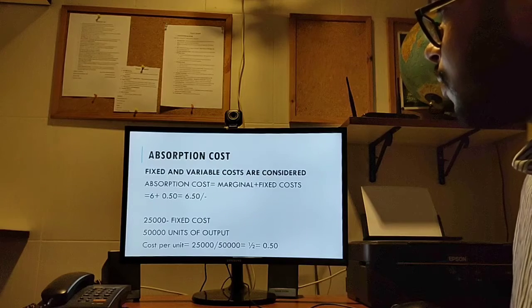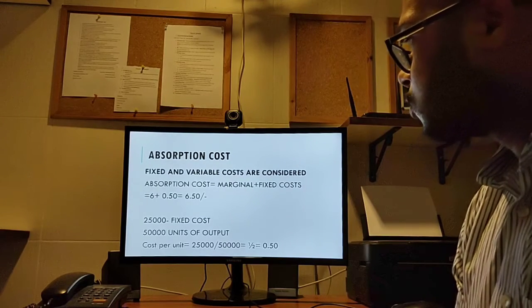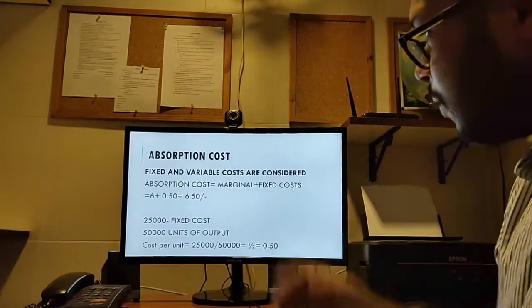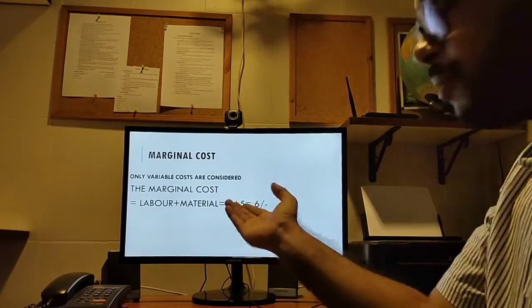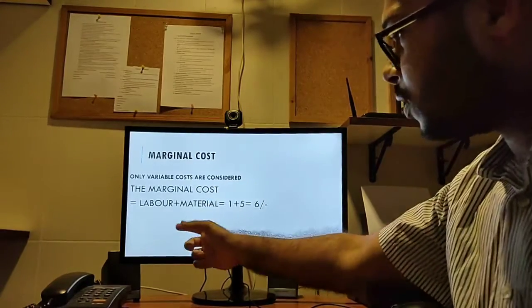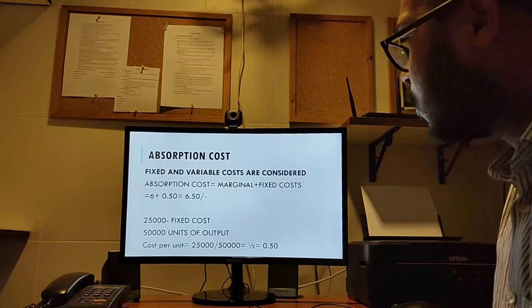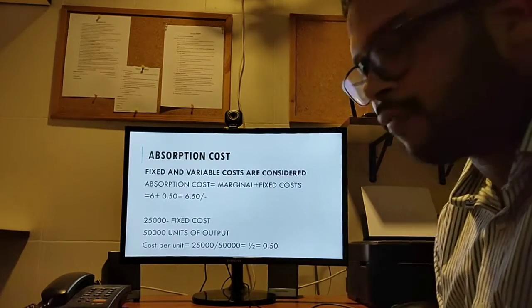Now when I'm talking about absorption costing, fixed and variable costs are both considered. So absorption cost is equal to marginal cost plus your fixed cost. Why did I take marginal and not variable? It's because it comes to the same thing: marginal cost is equal to labor plus materials. Now you might be asking, how did we get the 0.50 for fixed cost?